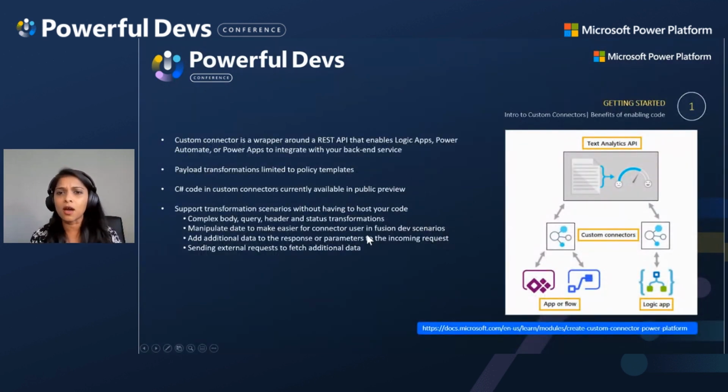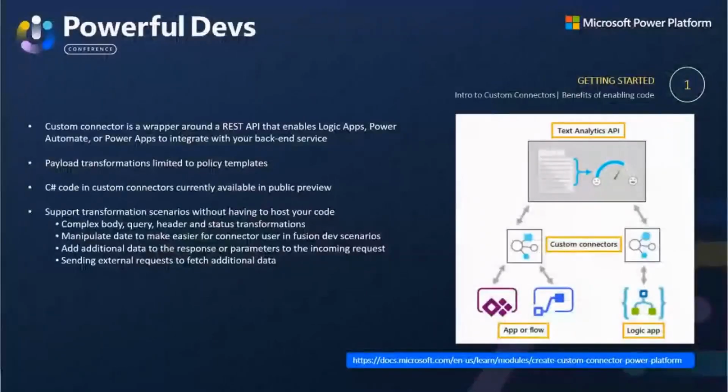Now, before we start talking about embedding code in custom connectors, let's talk a little bit about what custom connectors really are. Custom connectors are more like a wrapper around a REST or a SOAP API that allows Power Automate or Logic Apps or Power Apps to communicate with your backend services. They're useful, especially when you don't have a pre-built connector.